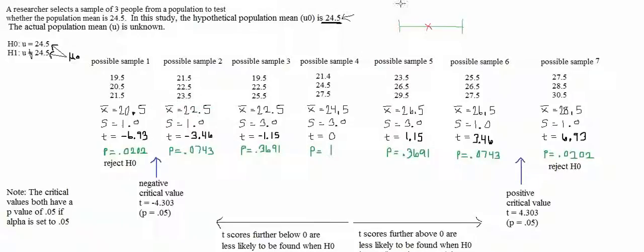If the actual population mean is actually somewhere up higher, above 24.5, we're likely to get a sample mean somewhere higher, because if the actual population mean is higher, then the sample mean is likely to fall in this higher range up here. And because of that, we're likely to get an outcome up here with a more highly positive t-score.